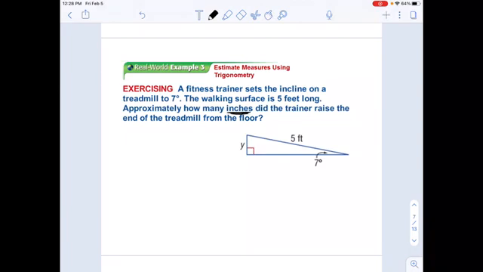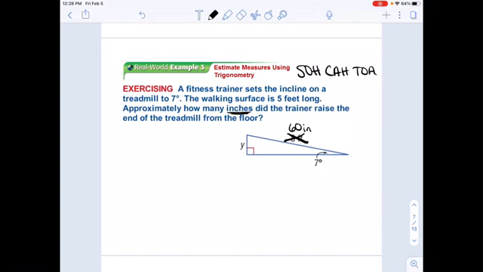Now I want to point out that we want our solution to be in inches. So probably before we even start, we should change this from feet to 60 inches just so we don't get ourselves confused. So now, we can use our idea of sine, cosine, and tangent. I'm going to write out my SOHCAHTOA again, so that way I can pick what ratio I need to use.